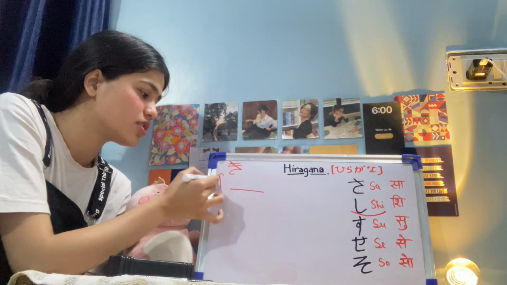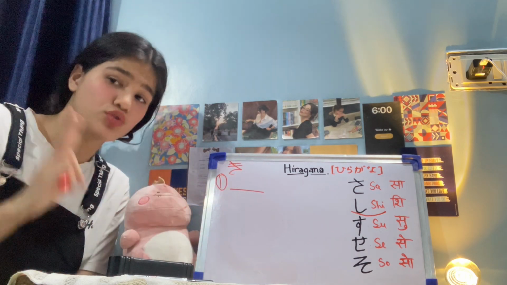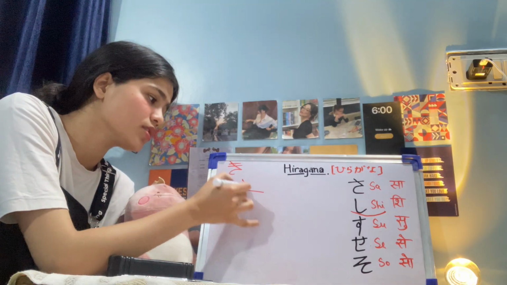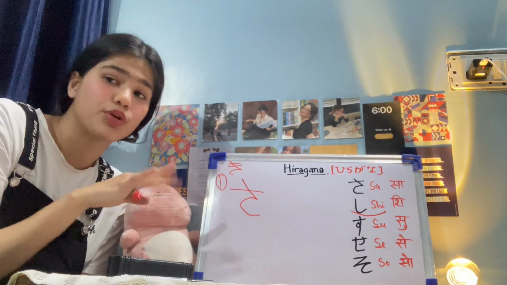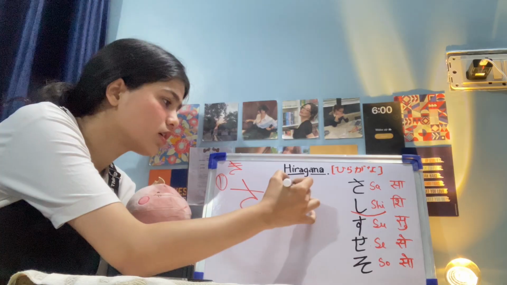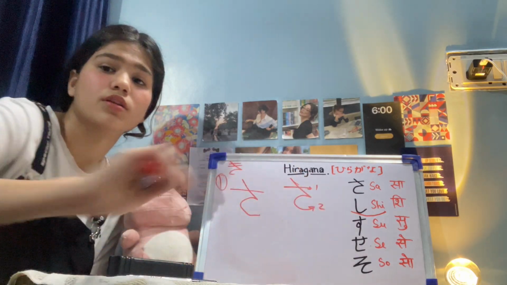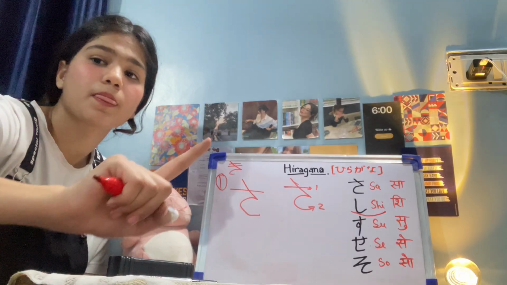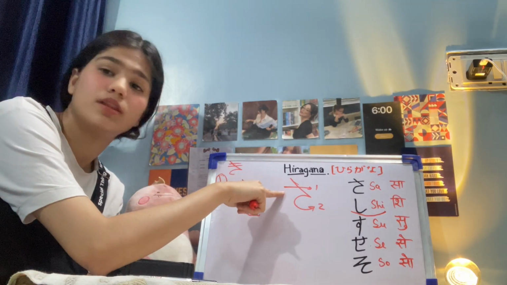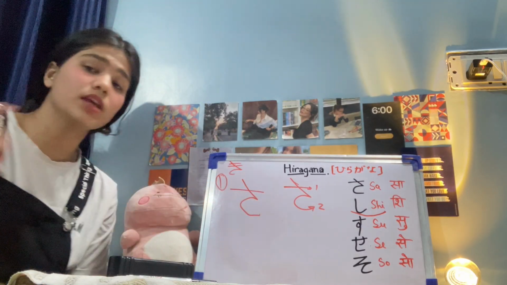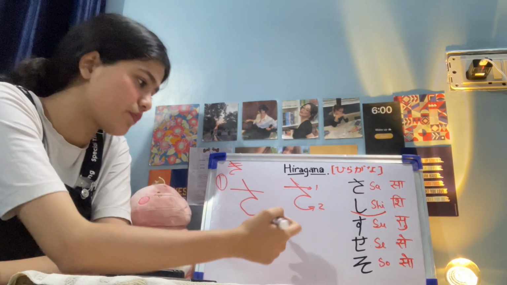So again, just like ki, we have two ways to make it. First one is again the computer keyboard one, sa. The horizontal one and then the curved one. So first the horizontal and then the curved one, sa.